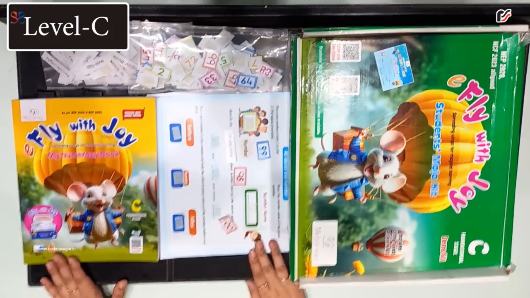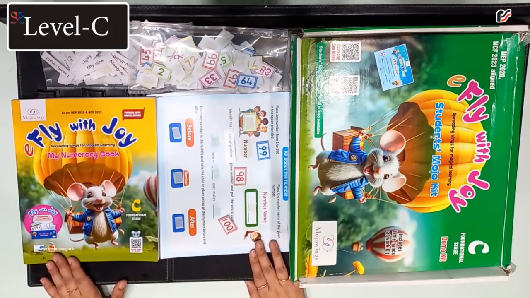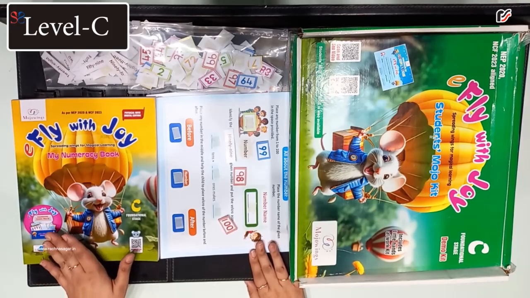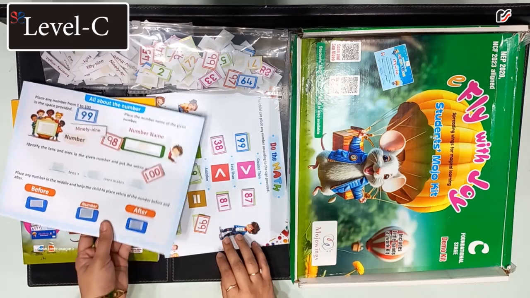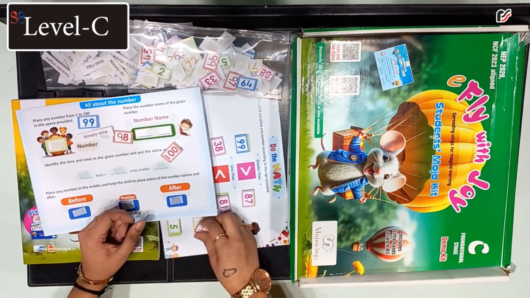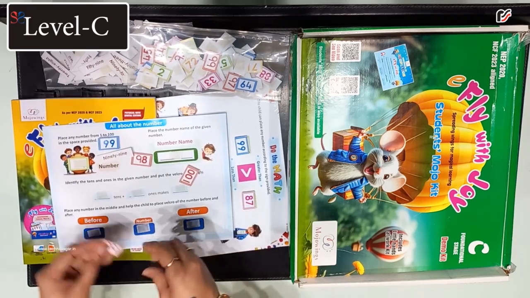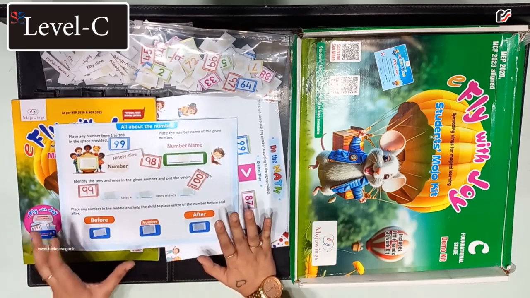Let's move to our next kit, My Numeracy Kit. For this kit, we have one book and two very interesting activities. Number one is all about numbers.